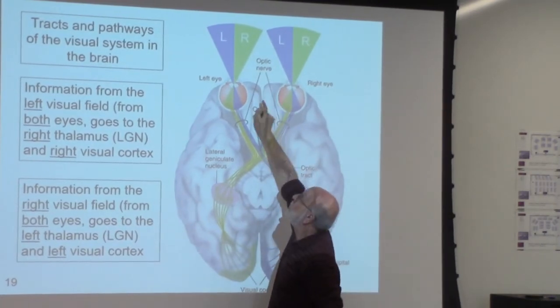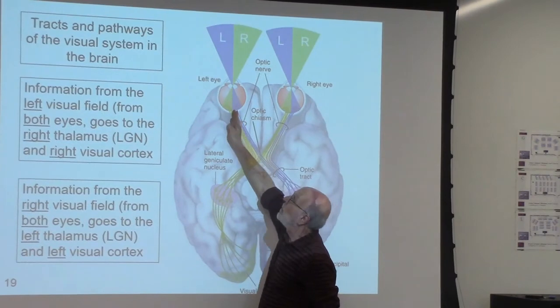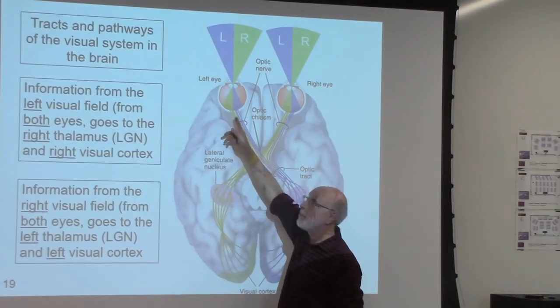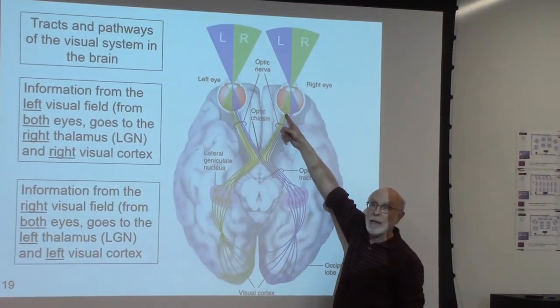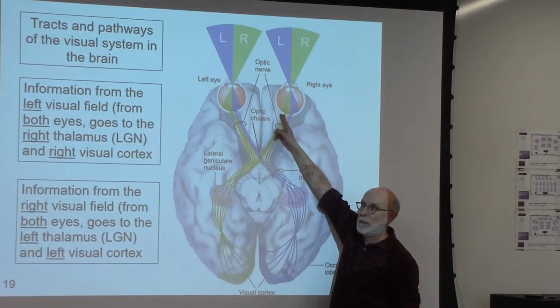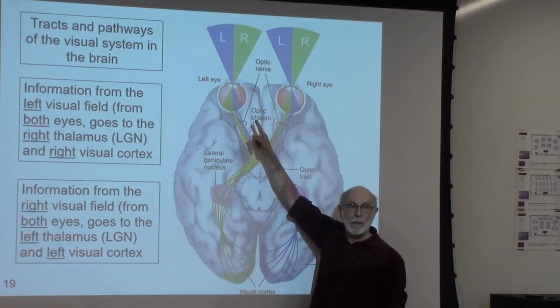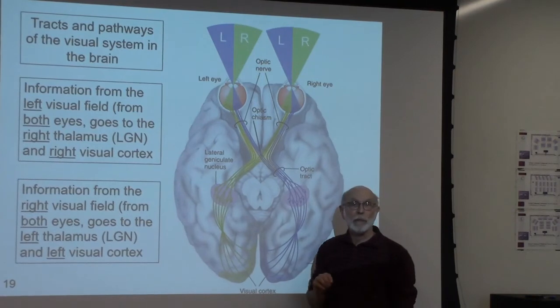The right visual field of my left eye is mapped laterally because the lens crosses it. The right visual field of my right eye is mapped medially on the retina. So different parts of the retina are activated by the right visual field.